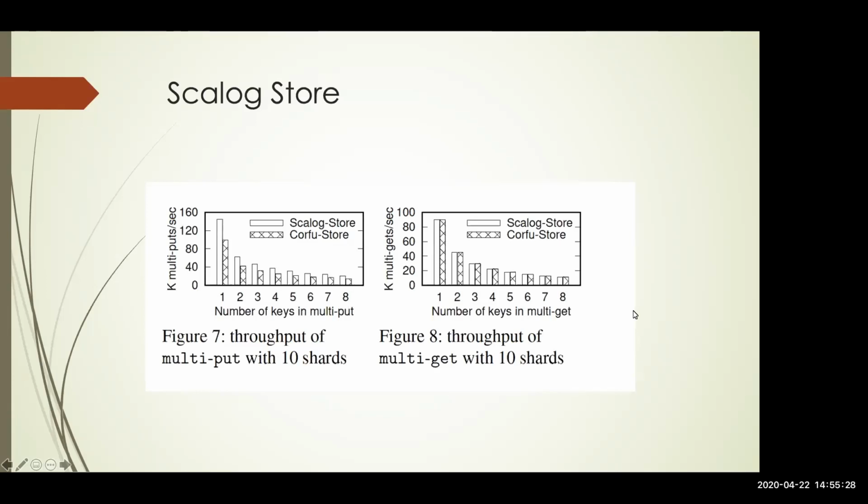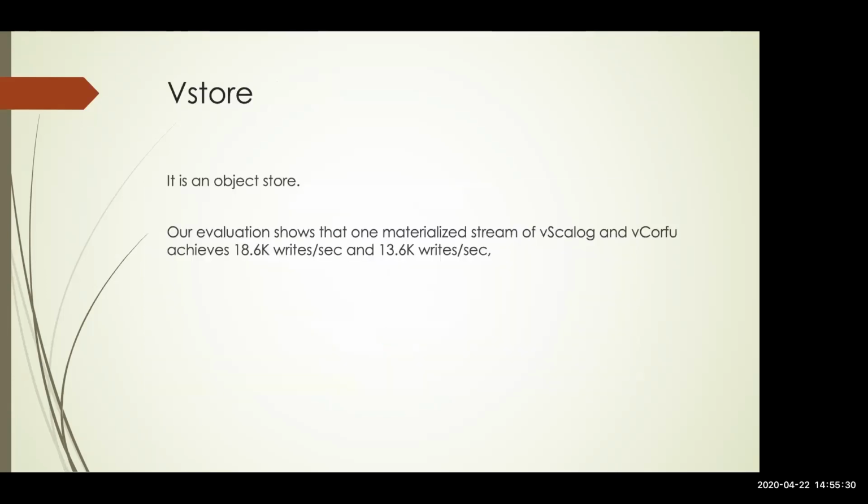And this is vStore. vStore is actually an object store. In the case of Corfu vStore, they maintain a global log as well as a materialized stream log for each object.